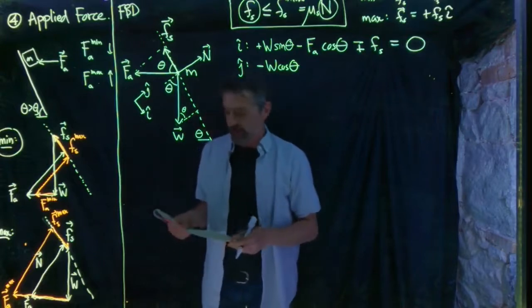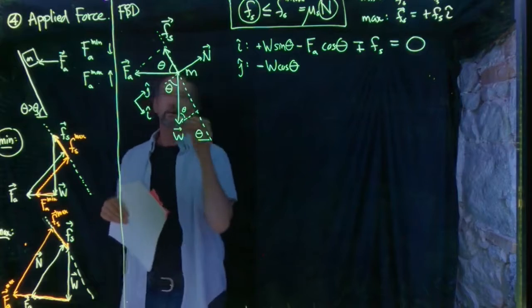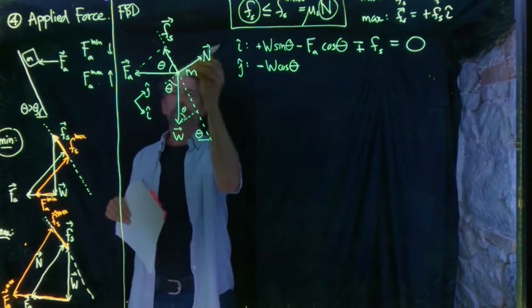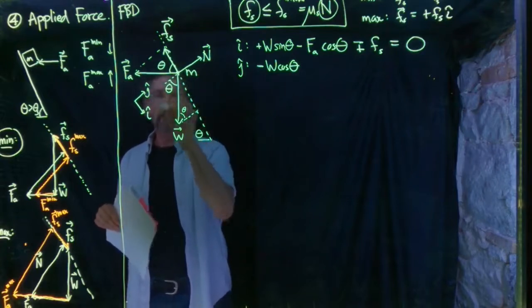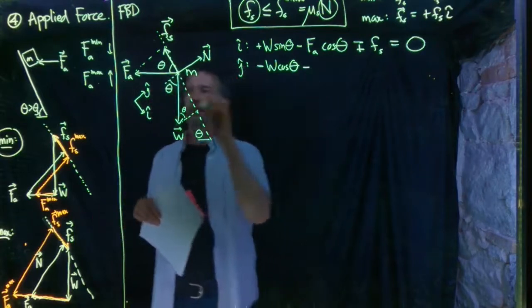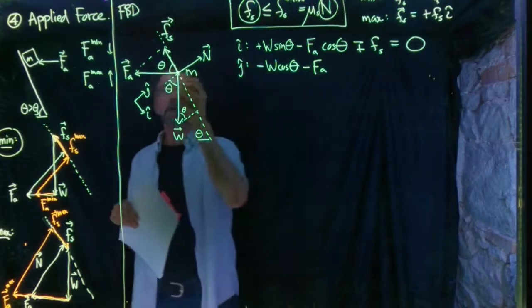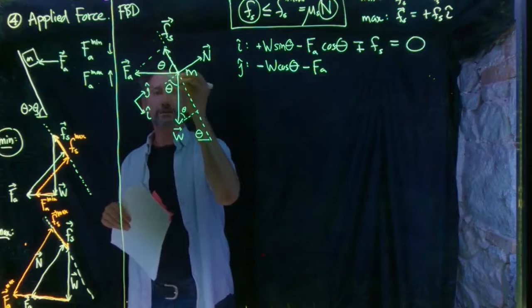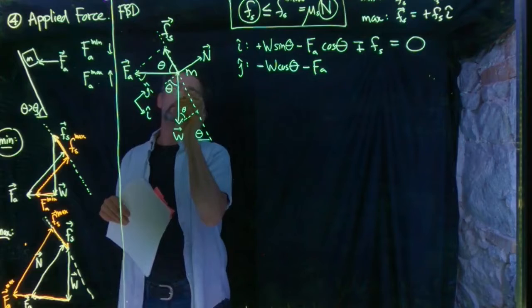Then we look at the applied force. So here's the applied force. It does have a component in the j hat direction, but it's in the negative. So it'll be a negative. Take the magnitude of the applied force, Fa, and this angle here is the complement to theta. So this angle over here, that's the complement to theta, so that's theta.